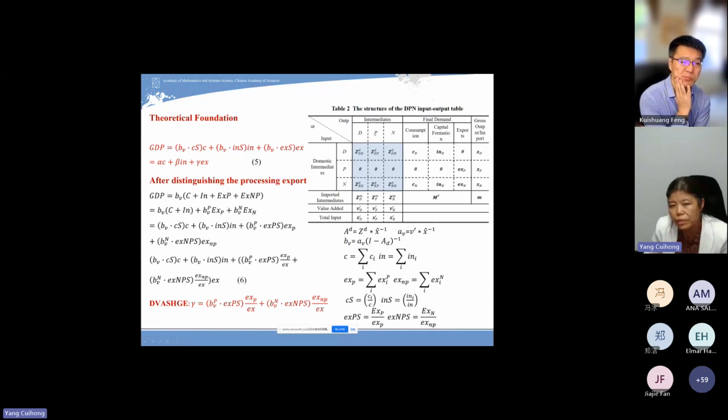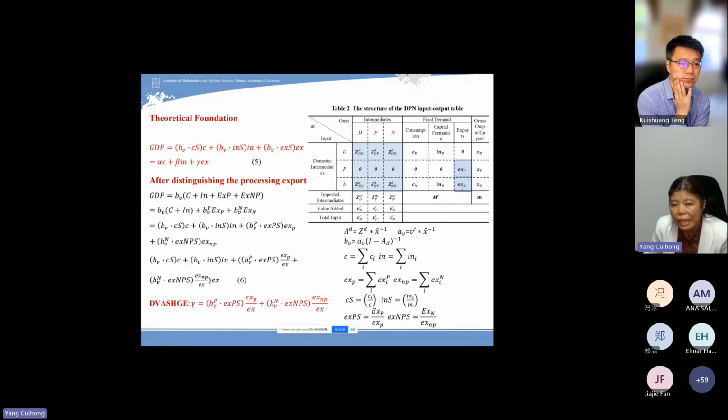One type is processing trade, another type is non-processing trade, and the third type is production for domestic demand. And from this table, we can make a distinction between exports from processing trade and exports from non-processing trade.